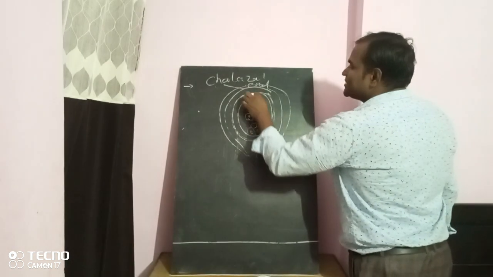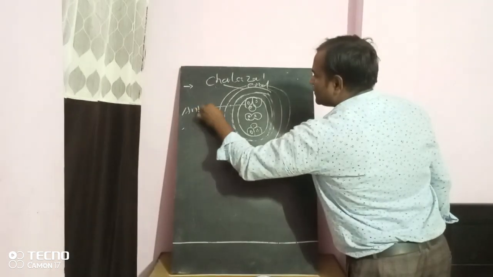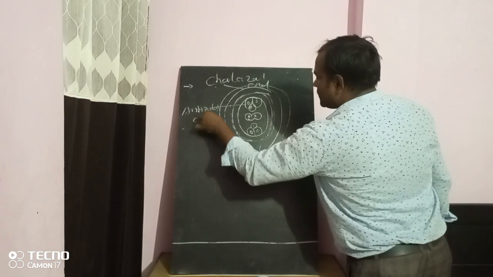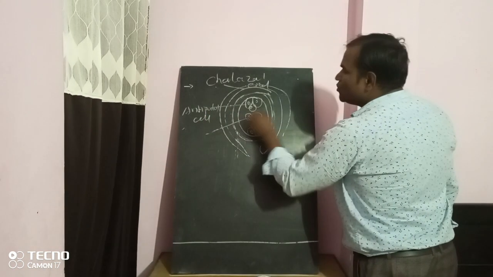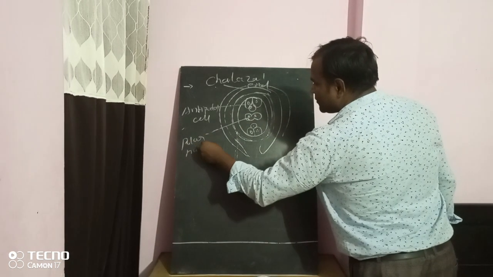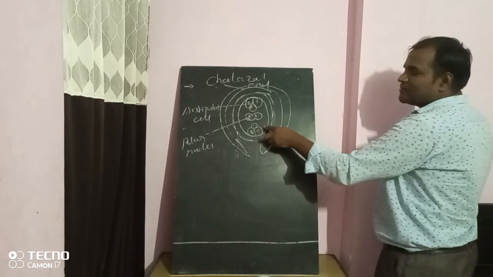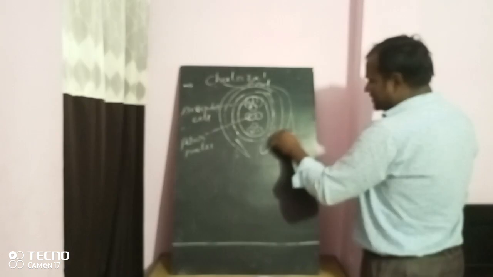The three cells towards the chalazal end are called antipodal cells. In between, the cell with two nuclei is called the polar nuclei, and the set of cells present towards the micropyle is called the egg apparatus.